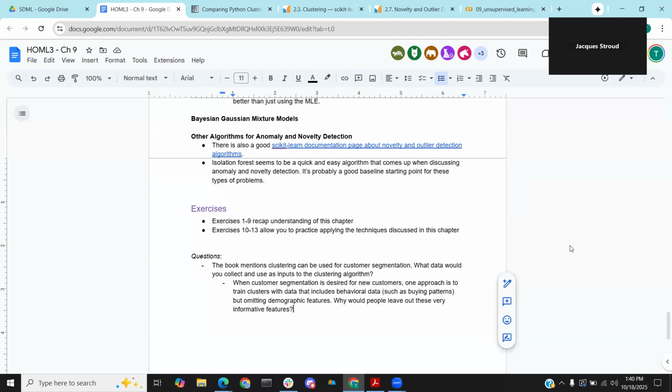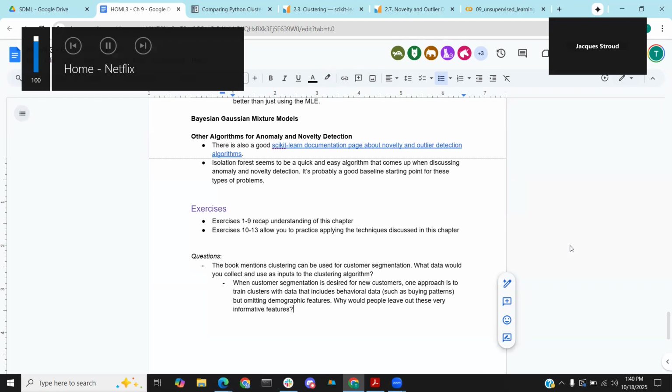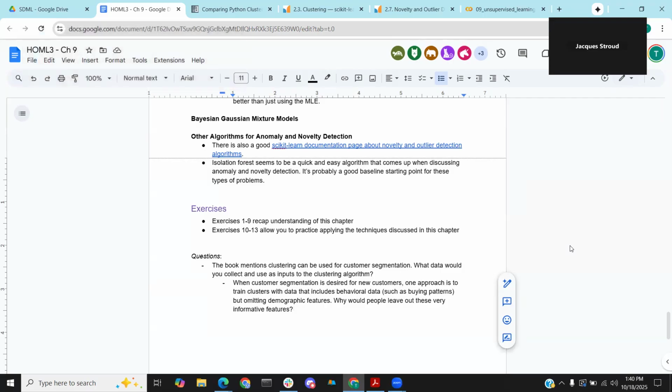I'm still coming to data science, but I'm just thinking about human nature and interacting with people. If you have customers, you're trying to discover buying habits of individuals, and you don't want to use demographic data because that might skew your results.